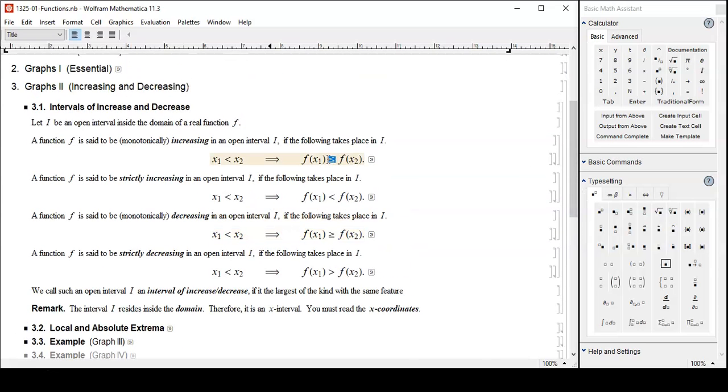Likewise, this one is more inclusive. So if you say increasing, decreasing, then they include strictly increasing and strictly decreasing as well. When you say an interval of increase or decrease, then you include all those increasing, decreasing, focusing upon this and that mostly.